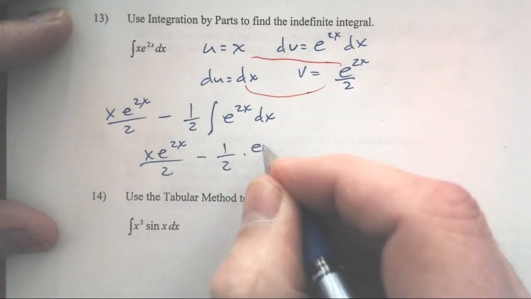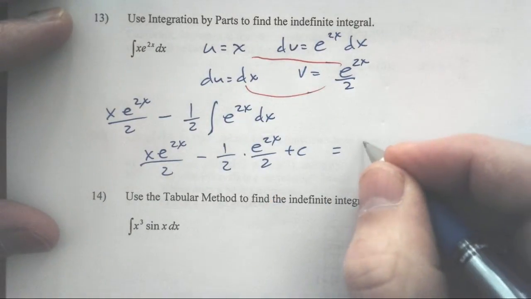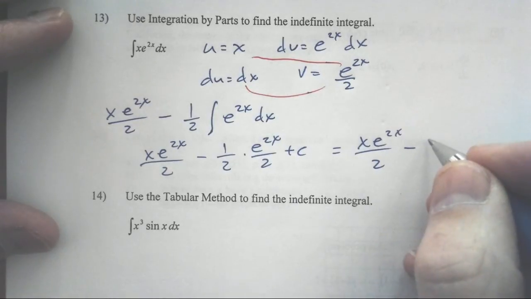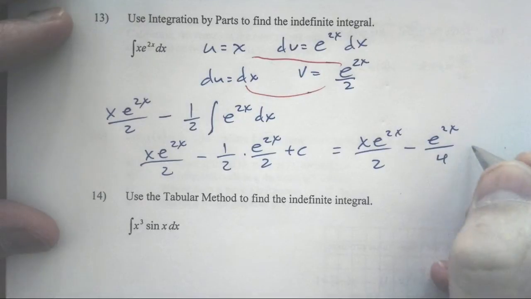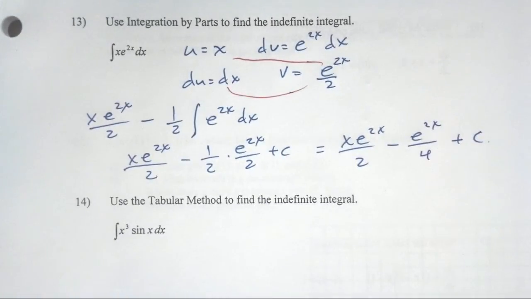We already got it. e to the 2x on 2, plus c, for x e to the 2x on 2 minus e to the 2x on 4 plus c. You might be tempted to factor out a 1/4 e to the 2x, but that's a good answer right there.